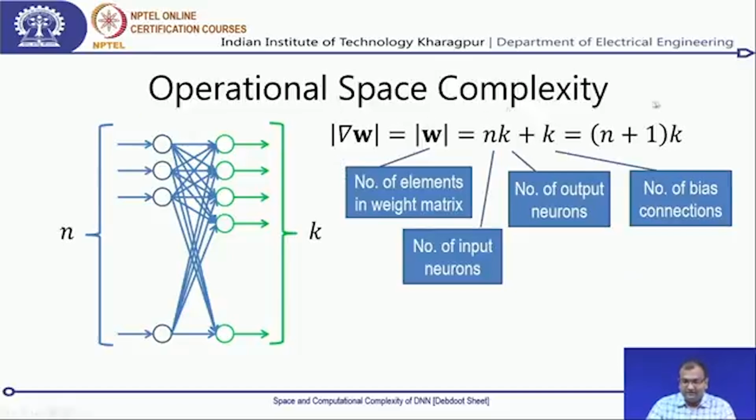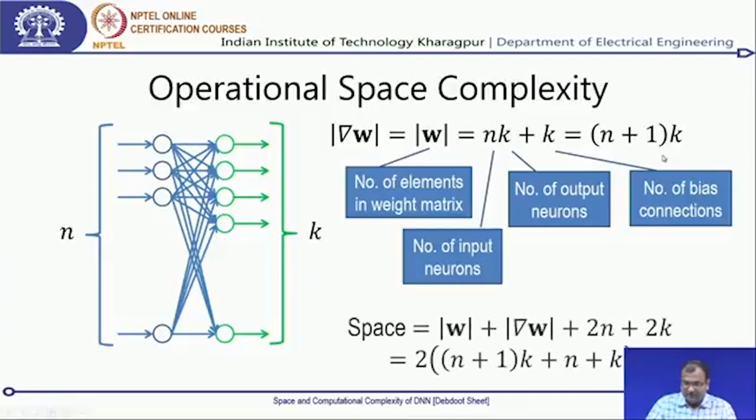Now, here is where I would be looking into it. So, one part is that you have the weights of this matrix, and you also have the gradient of the activations computed over there, and both of them are of the same size. Okay. Now, together, when you look into the total space required for implementing this network, that is the sum of these two. Now, on top of that, you have your input coming down over there, as well as the gradient with respect to your input.